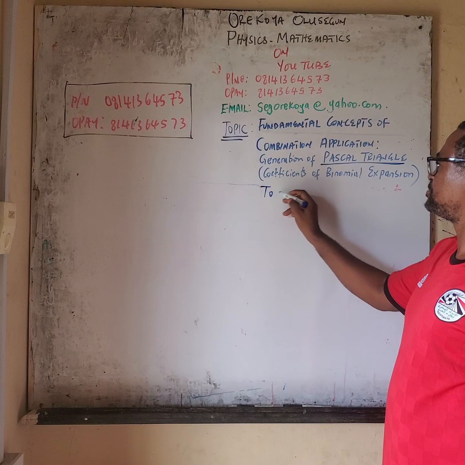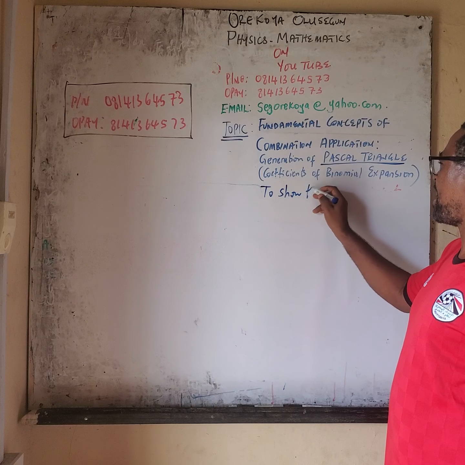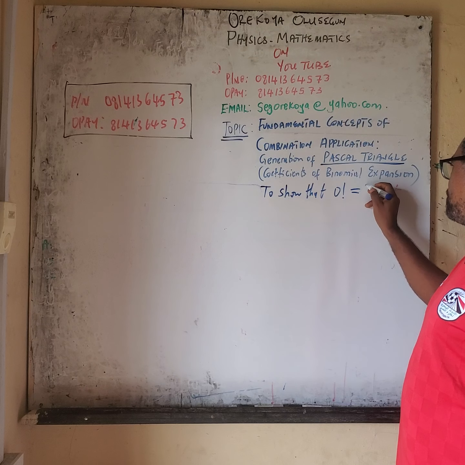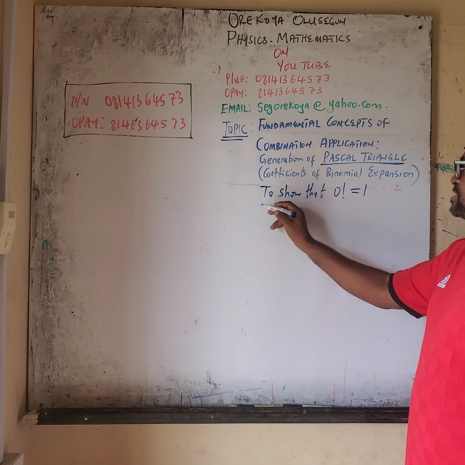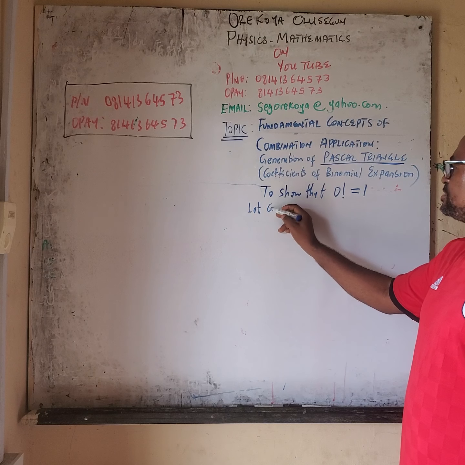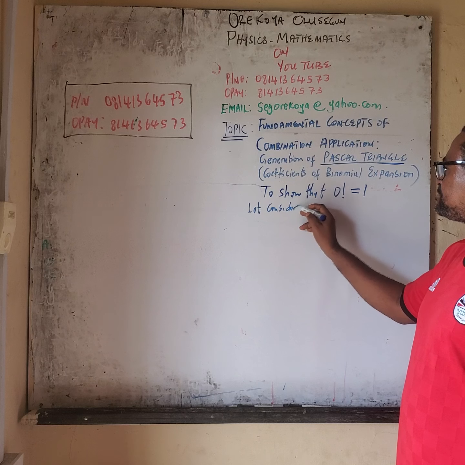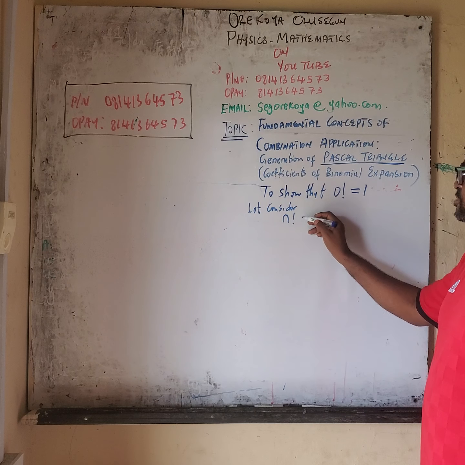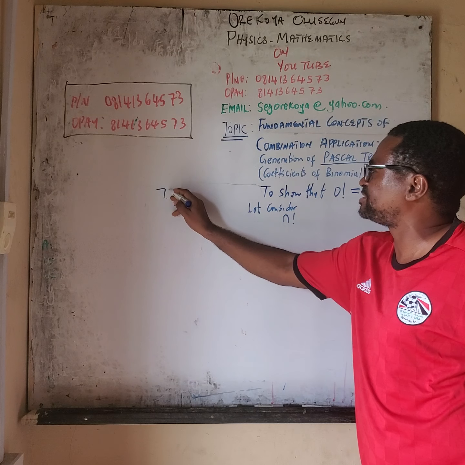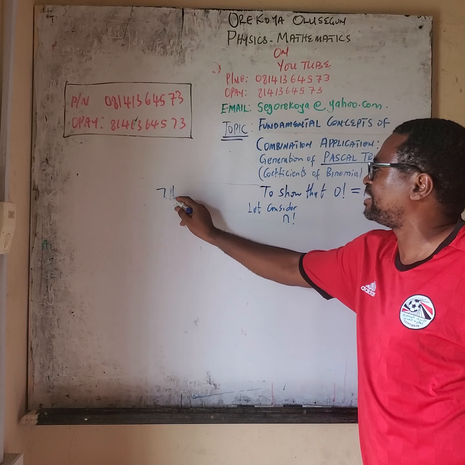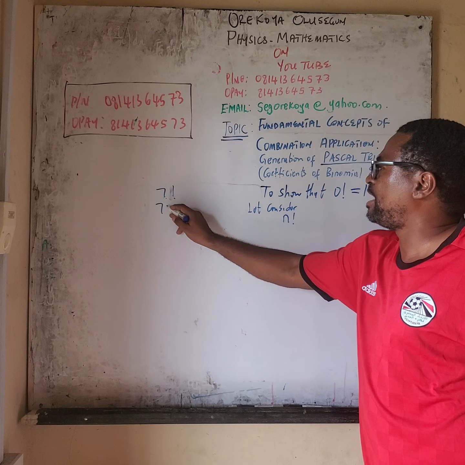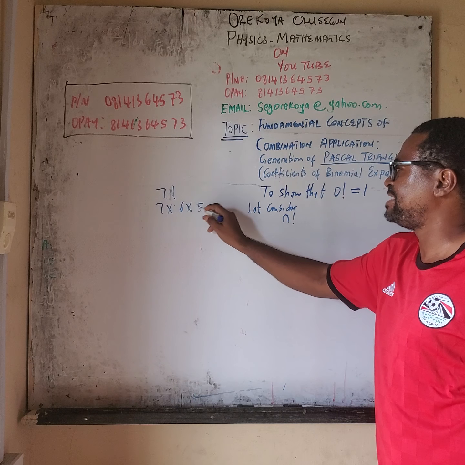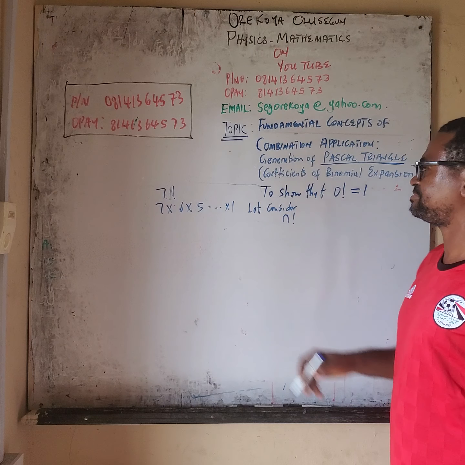To show that 0 factorial is equal to 1, let's consider n factorial. The meaning of n factorial, for instance when you say 7 factorial, is that you are multiplying in decreasing order down until you get to times 1.